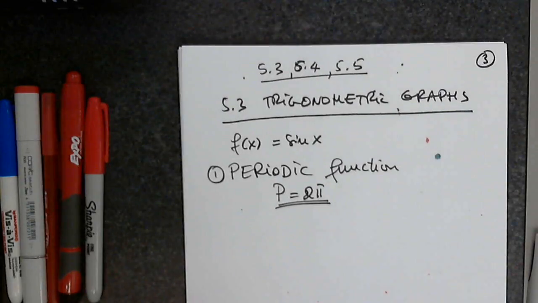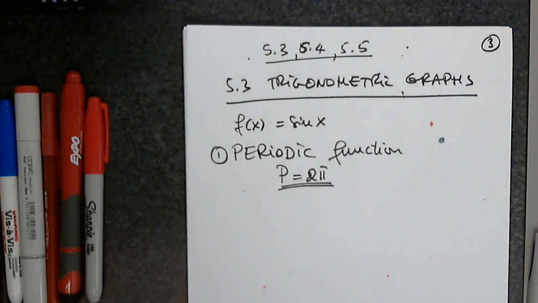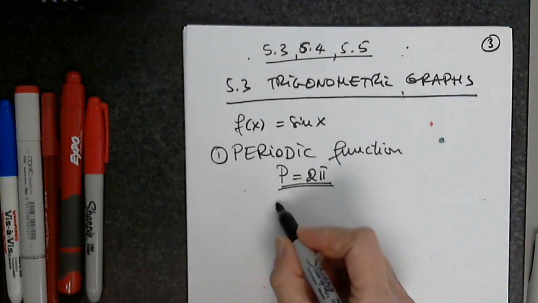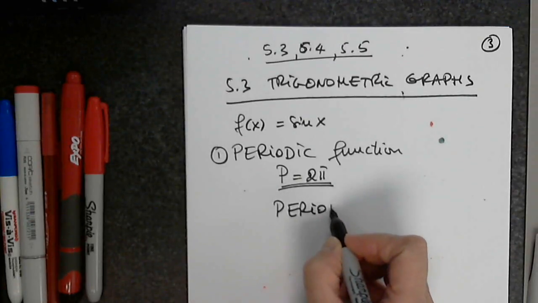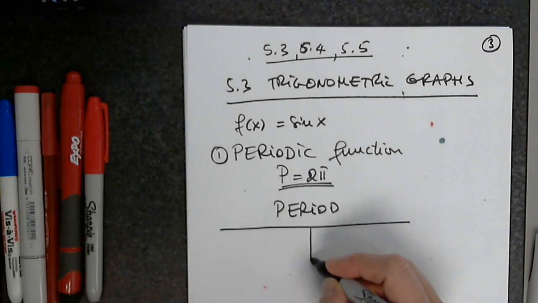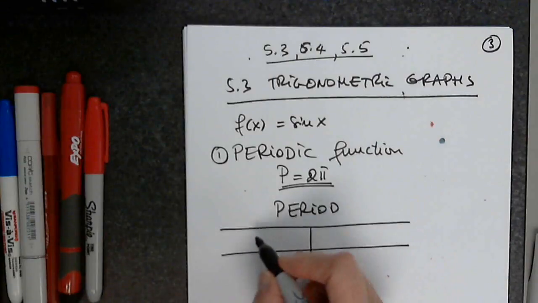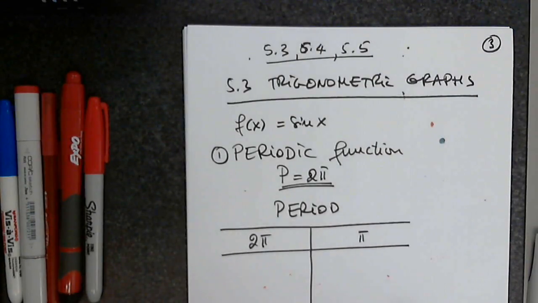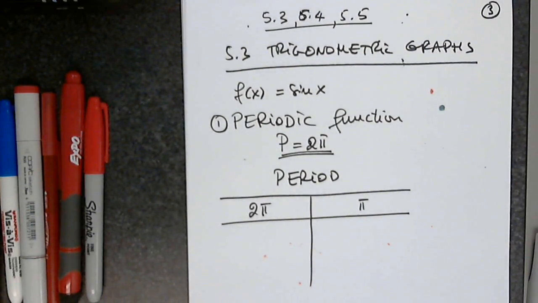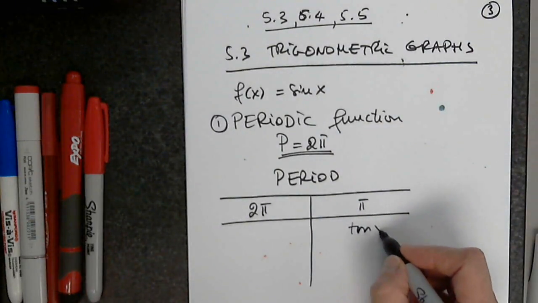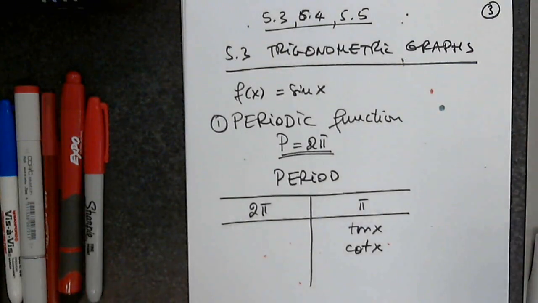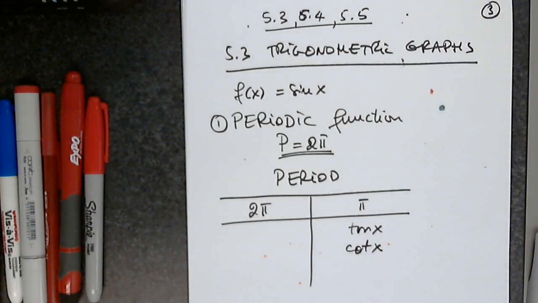Okay, so let's also, since I'm here, and I would like to have a table for this, the period for these functions. There are 2 options only, 2 pi or pi. Only 2 functions have period pi, tangent and cotangent. Everything else has a period of 2 pi. What does that mean? They repeat in blocks of 2 pi, not in blocks of pi.